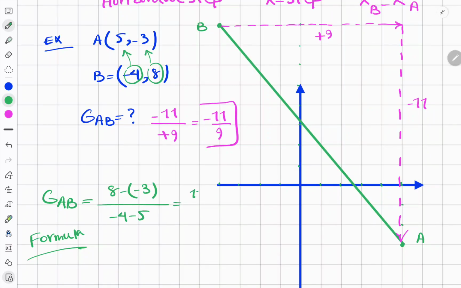So the answer is positive 11 over negative 9. So you can see that these two are exactly the same, which is the gradient of AB. So far so good.